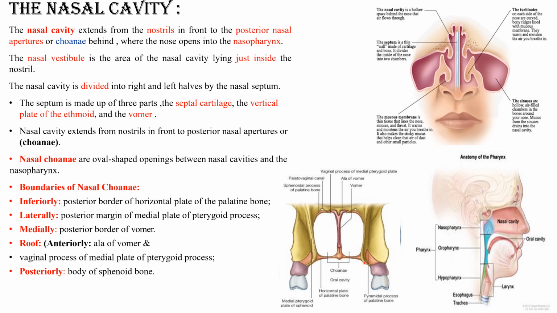While medially is the vomer bone, here. In the roof, anteriorly, is the ala of the vomer here, and the vaginal process of the pterygoid process. Posteriorly, also the body of the sphenoid.